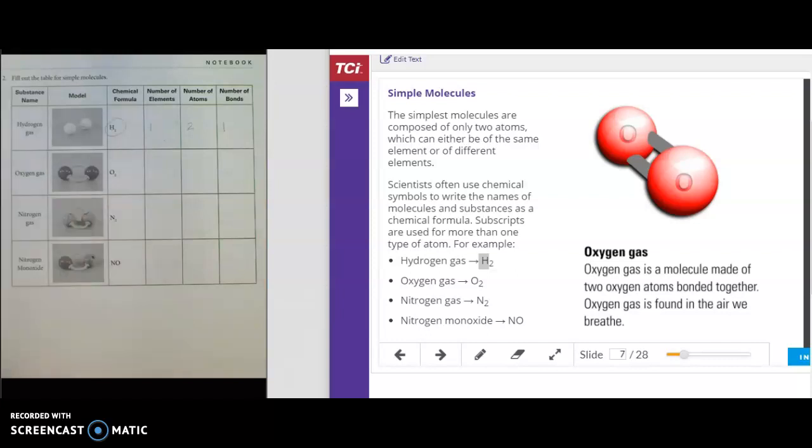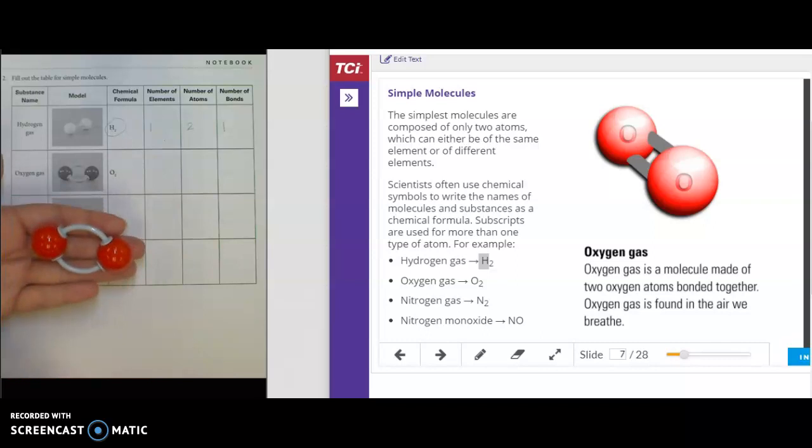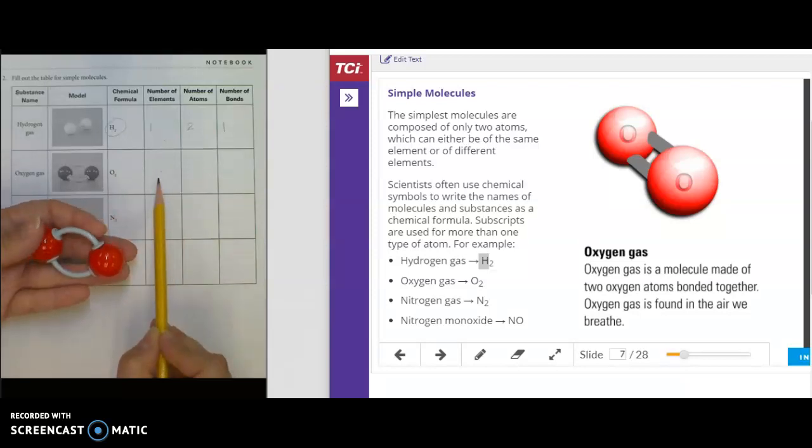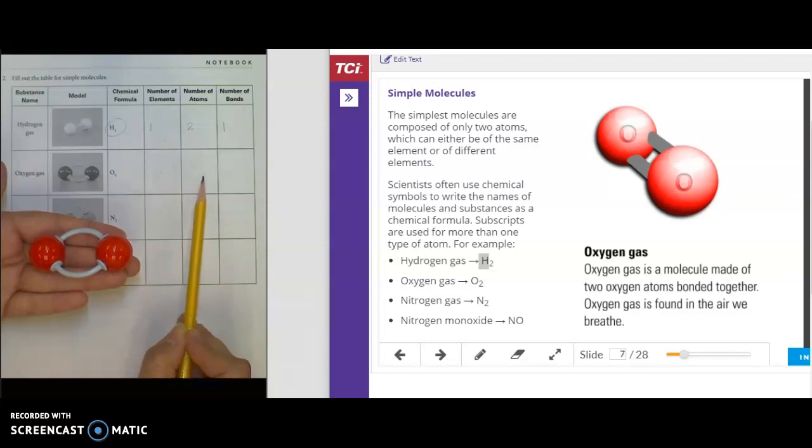Okay. Now you're going to do the same thing for the other models here. So oxygen gas, which is O2. Here's the model for oxygen gas. Go ahead and tell me how many different elements do we have in this model? You're going to write that number right here. How many different colors do you see? Because remember, each color represents a different type of element. Now, how many atoms do you see?